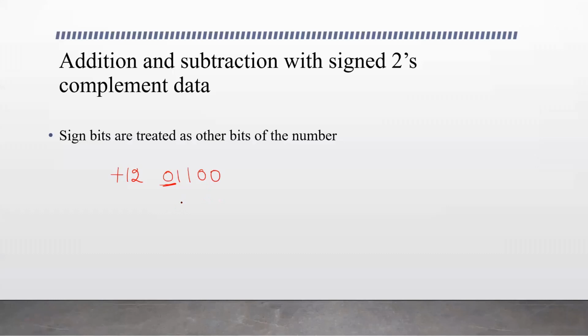We just invert the bits: 1, 0, 0, 1, 1. This is the 1's complement. And the 2's complement is you add 1 to this: 1, 0, 1, 0, 0. So this is equal to minus 12.